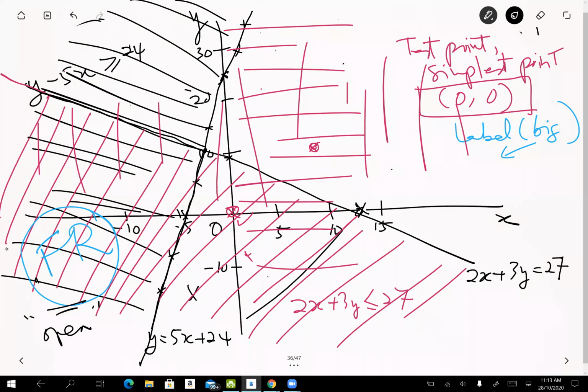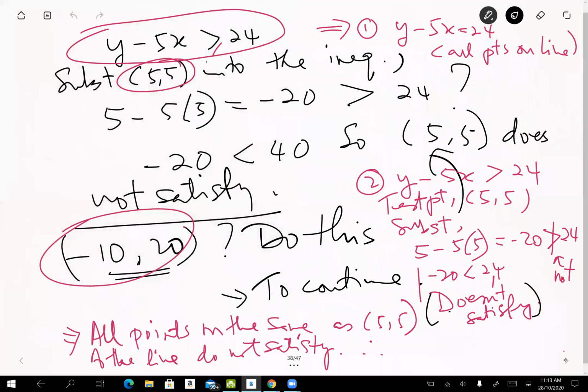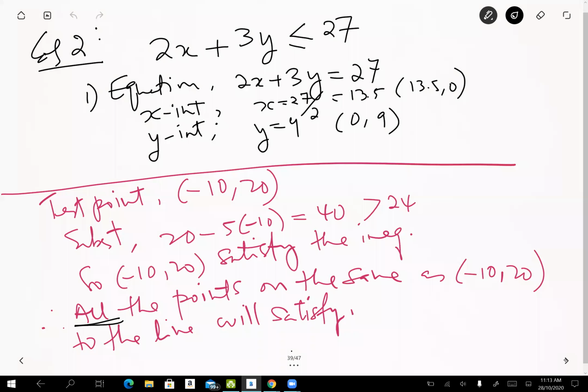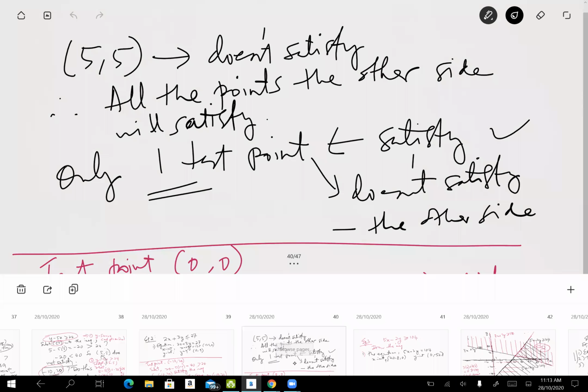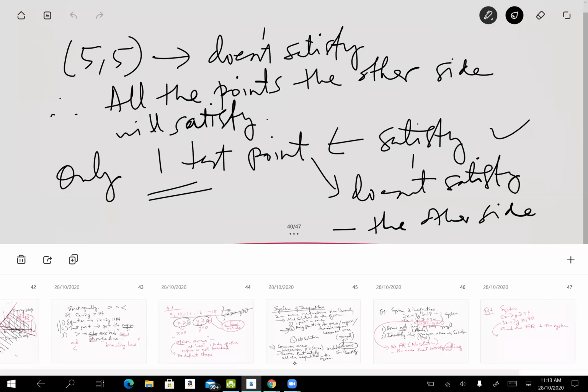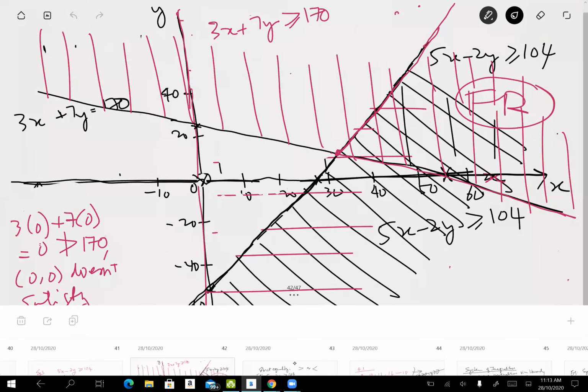So just to demonstrate a closed area, what we'll do is show a closed area, which means it has a definite shape and it satisfies all the inequalities. And you can see it has a proper shape, all right?